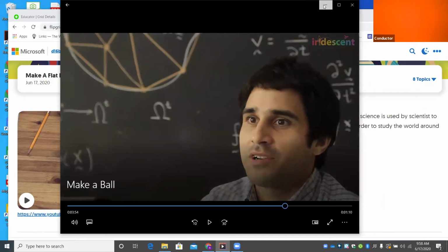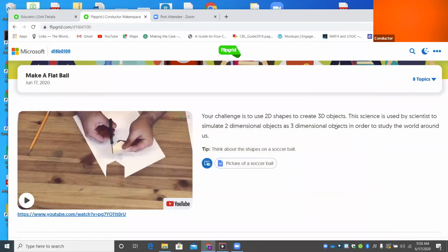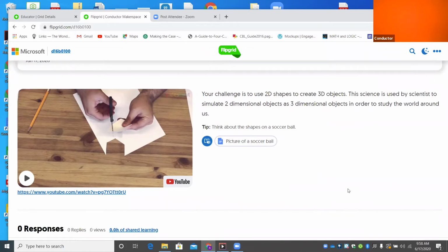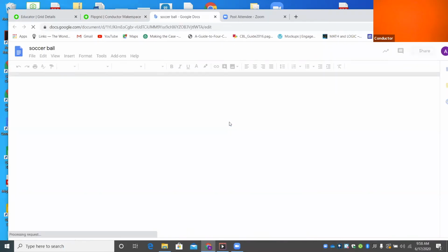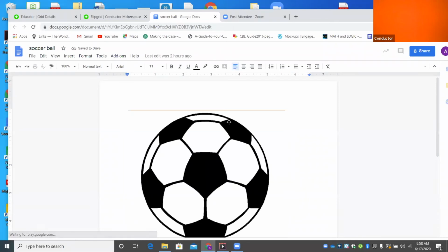Okay, as you can see, math isn't all that bad. It started as playing. People were observing things in the world like the slinky, a spring, the rubber band, things like that, and that's what we're going to try today. Your challenge is to use two-dimensional shapes to create three-dimensional objects. Okay, and here is a picture of a soccer ball to get us thinking about how this actually works in our world.